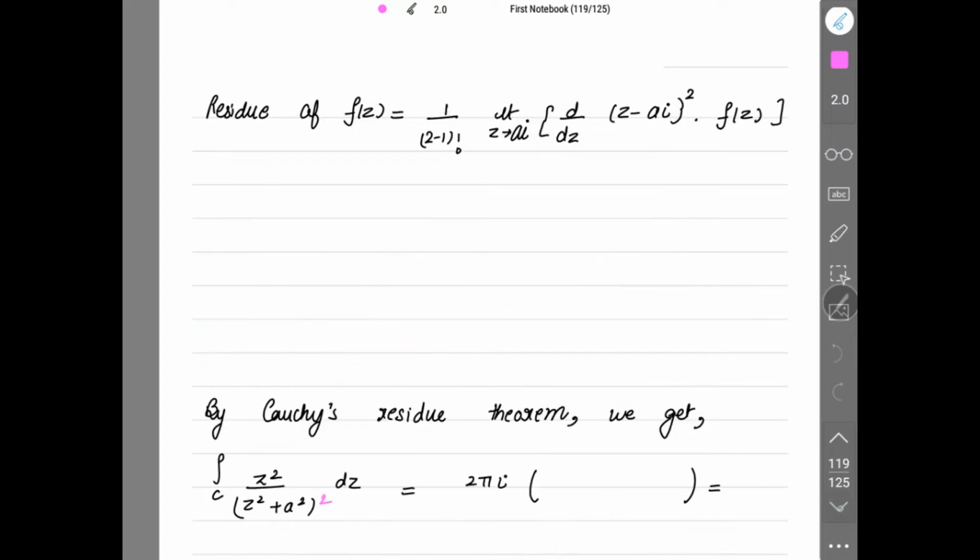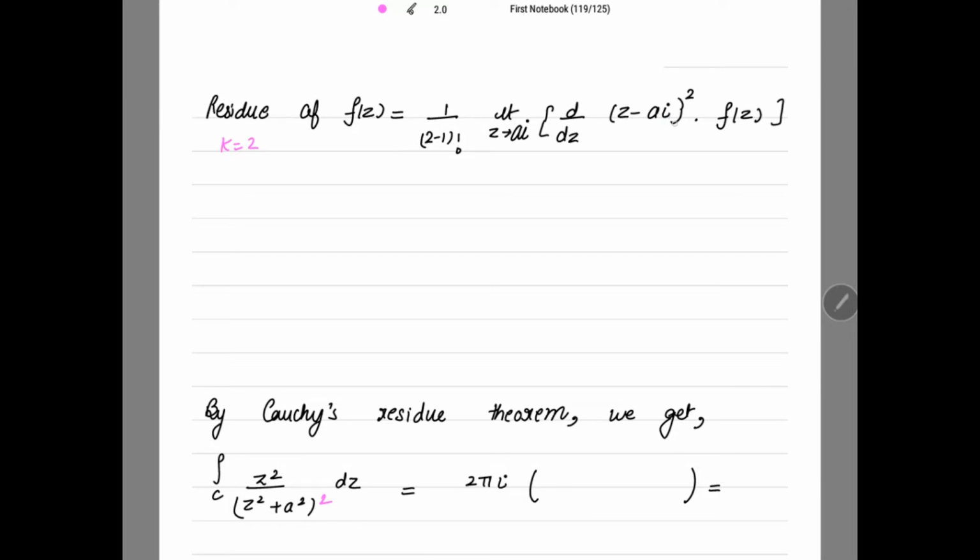Now we have to calculate the residue for the pole which lies inside the contour. The formula you have to remember is 1 over (k minus 1) factorial, where k is 2 here, limit z tends to a iota, d by dz. How many times do you have to differentiate? K minus 1 times, that is 2 minus 1, which is only once.